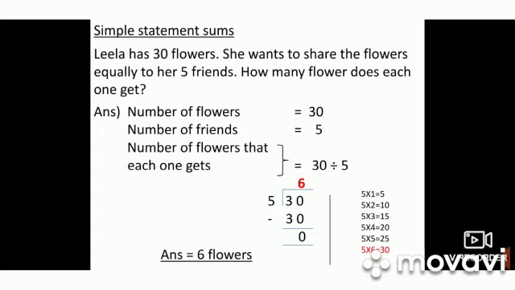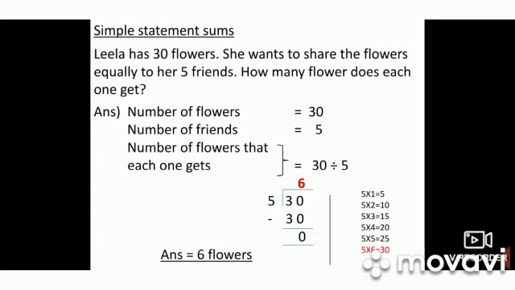I have done the standard division method here, and I also mentioned at the side the multiplication table. So 30 divided by 5. What you have to do? Write the L upside down. Take the 30 inside because the dividend should be inside.